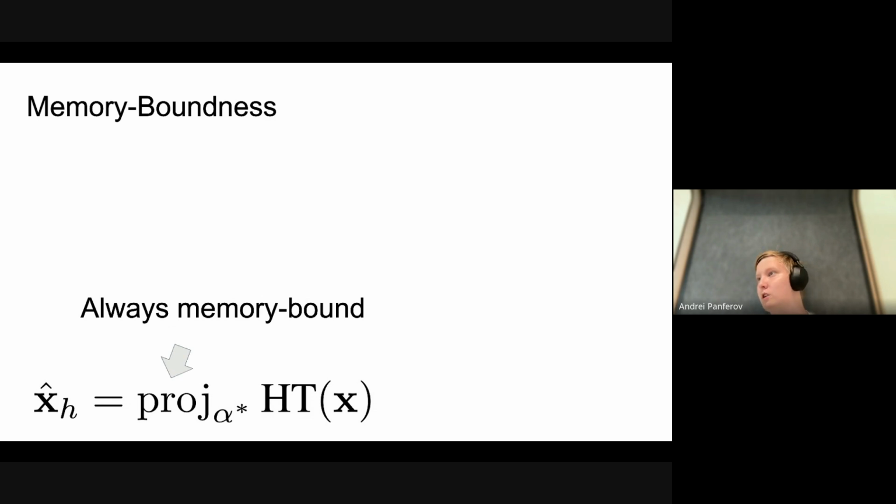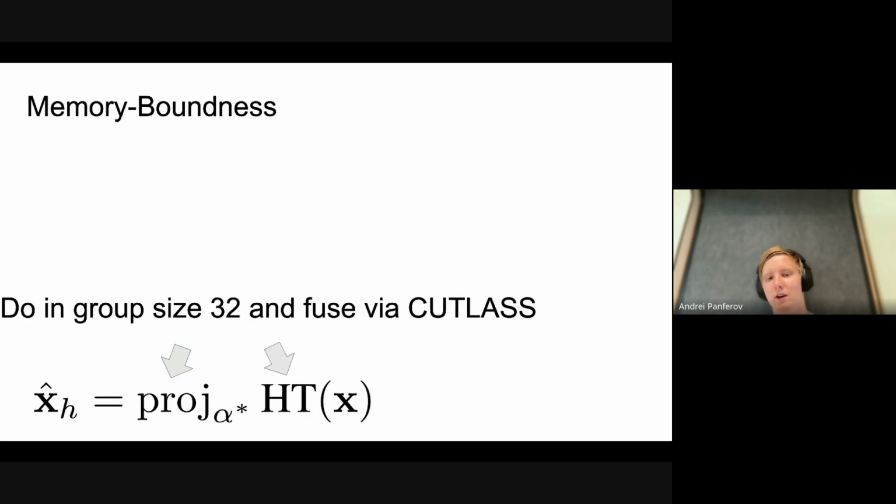And since those are two back-to-back memory-bound operations, which are both done locally inside some groups, we can fuse them to effectively cut the cost in half: only load once, then perform both the Hadamard transform and the quantization, and then write the output once. And this is one of the optimizations that we do for our method, which cuts the cost of non-matrix multiplication a lot.